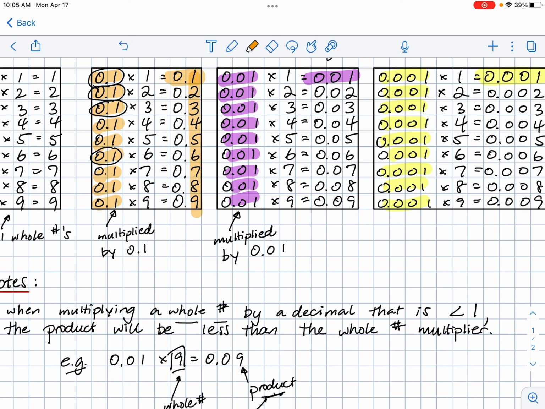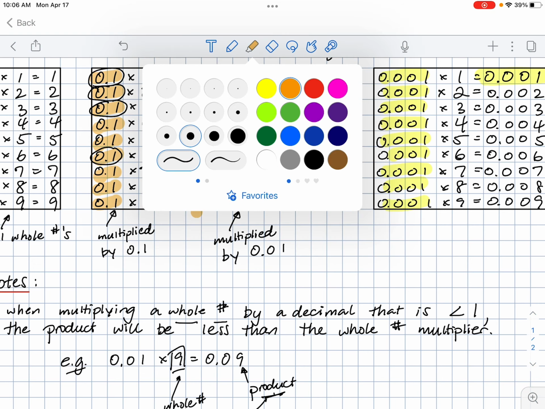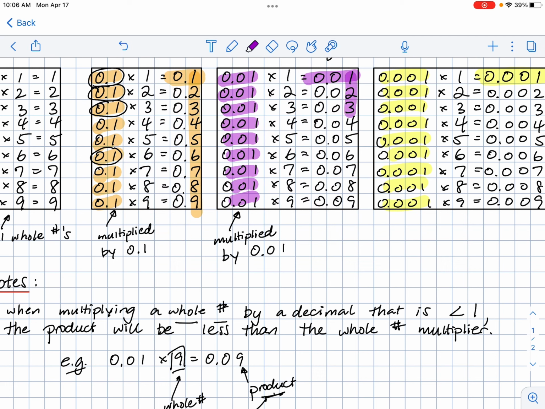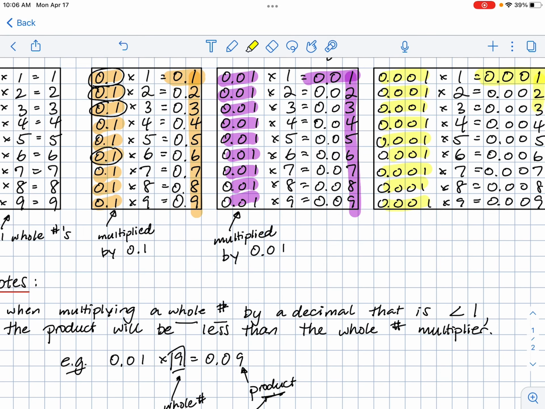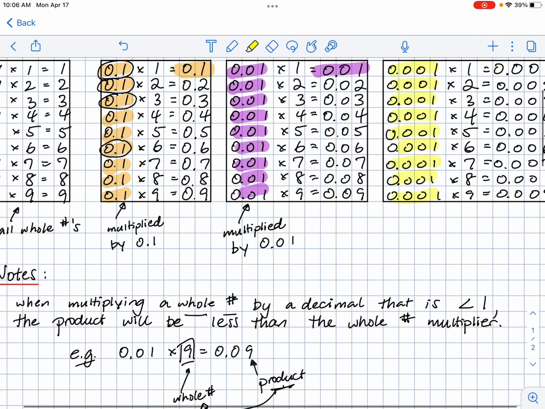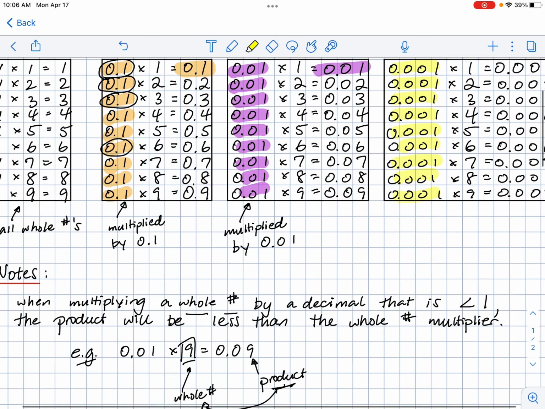So, for example, because you're multiplying by 1, 2, 3, 4, 5, 6, 7, 8, 9, the last digit in all of these cases, I'm actually going to erase the highlighter after this. You don't have to highlight this. I'm just highlighting this for you to see it. The last digit in all of these cases matches the whole number multiplier, okay? But that's just another observation, only specific to multiplying by a 10th, 1/100th, and 1/1000th.